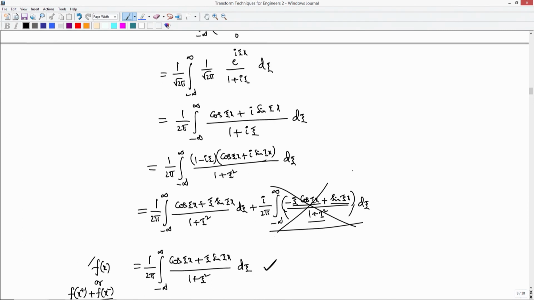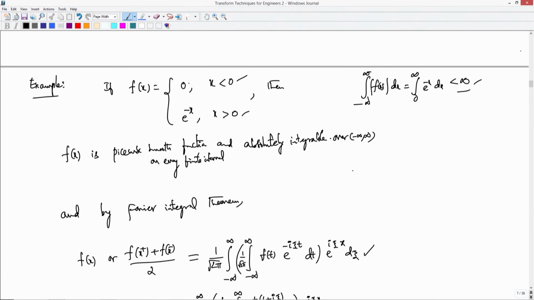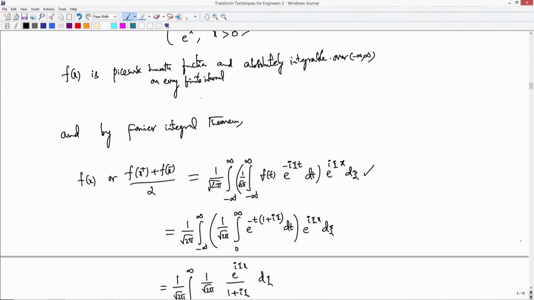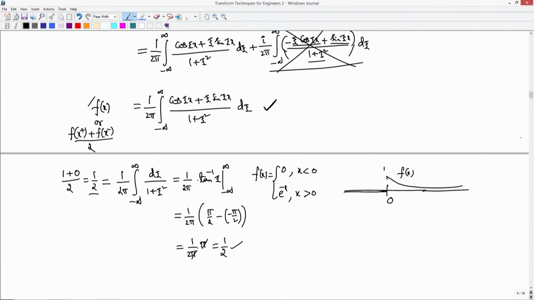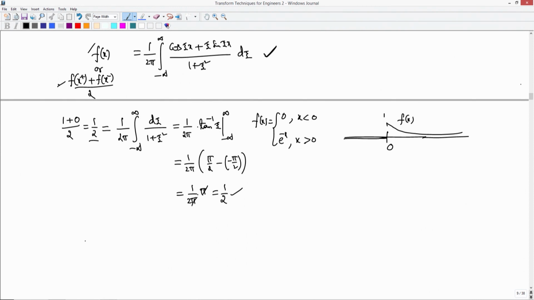Now, you can define your function like this: at x equal to 0, it is actually half. If you define it like this, then you do not have to consider this part separately. So, it actually converges to f of x. If I define f of 0 as half at x equal to 0, then you can safely write, for any other point, it anyway converges to f of x.